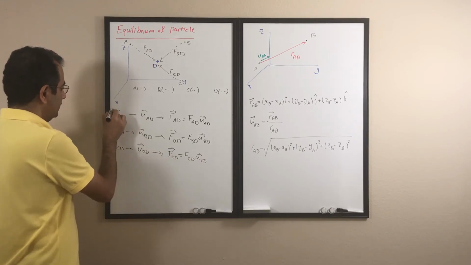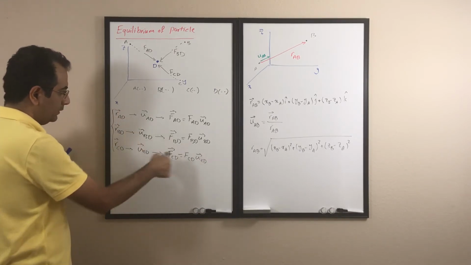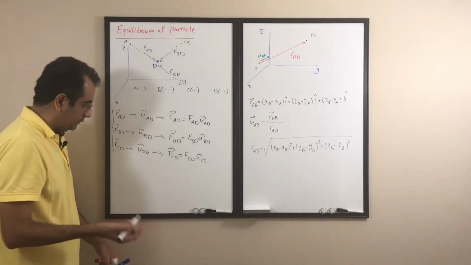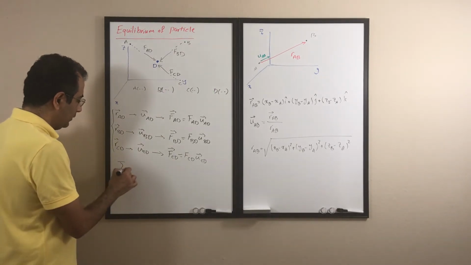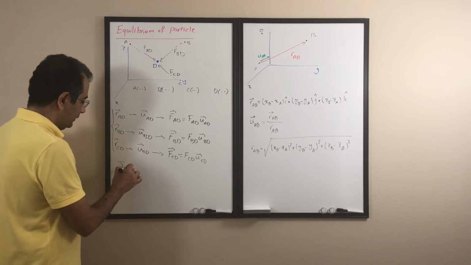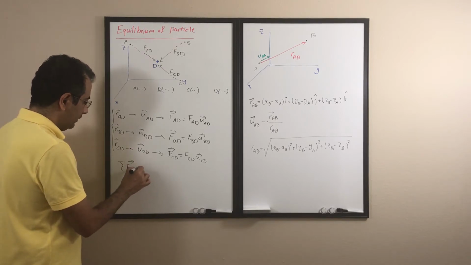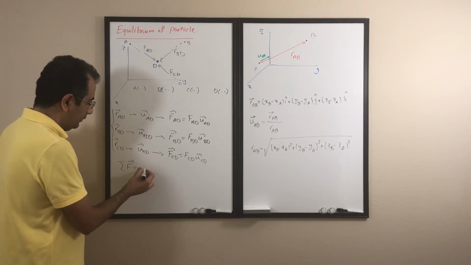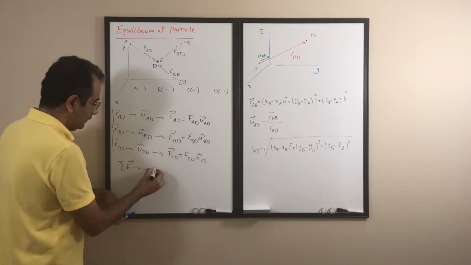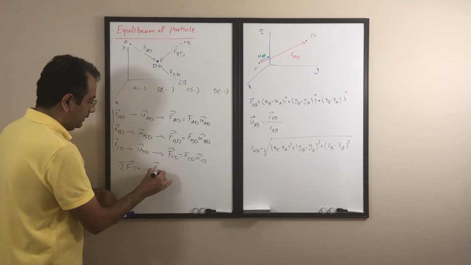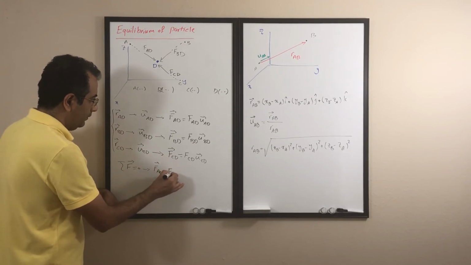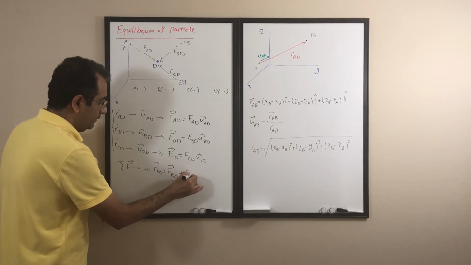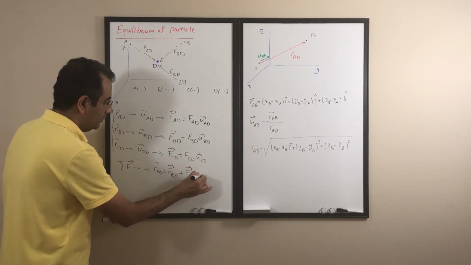After you find all the forces, the next step is to simply add all the forces together, sigma F as a vector, equal to 0. So when you get sigma F is 0, what you're going to get is FAD plus FBD plus FCD is 0.